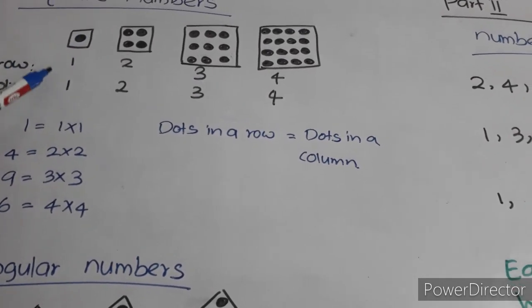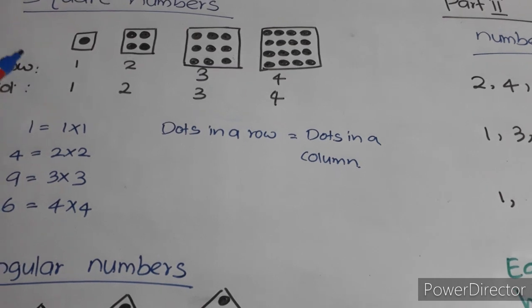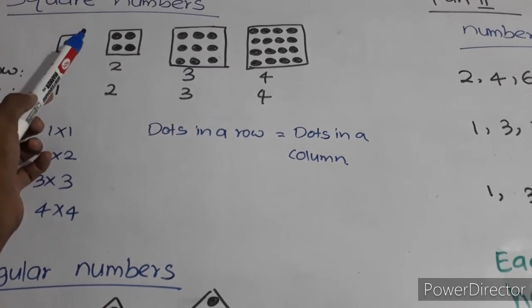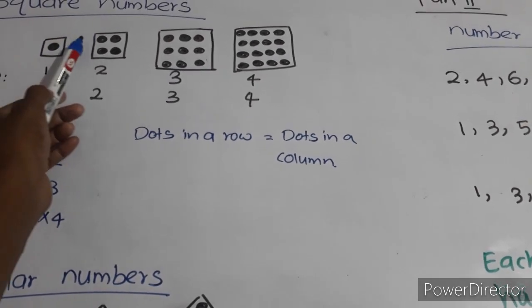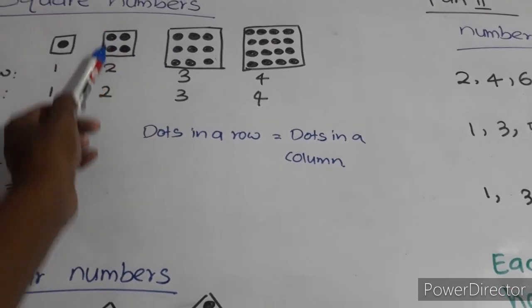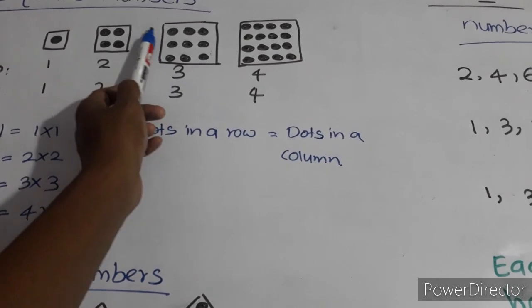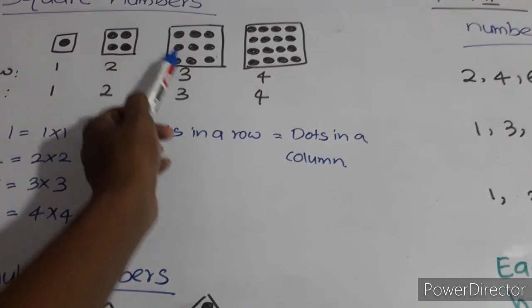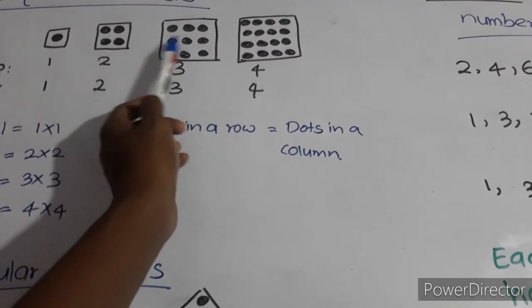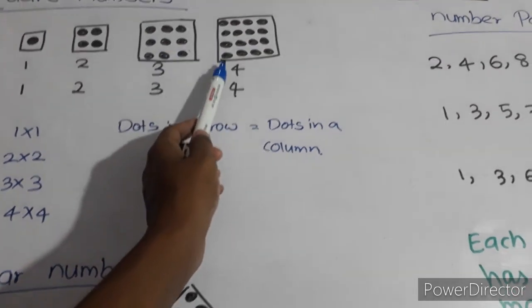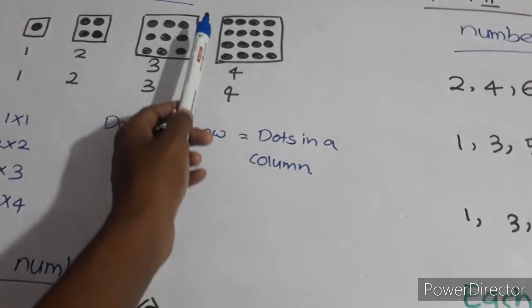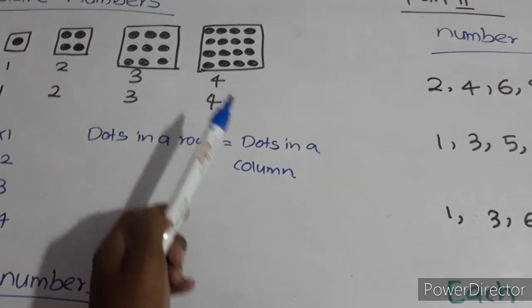In the second figure you can see it has 2 rows and 2 columns. In the third figure it has 3 columns and 3 rows. And the fourth one has 4 rows and 4 columns.